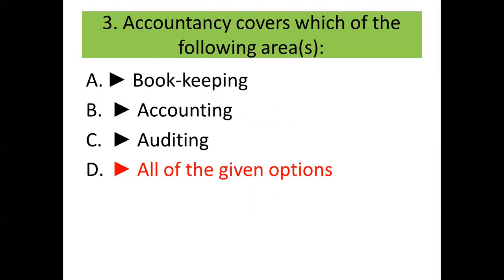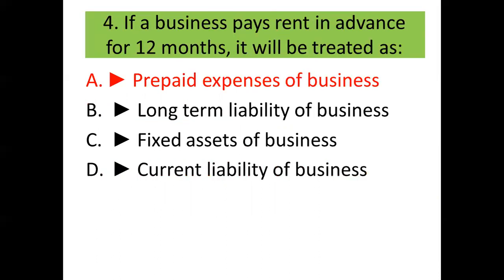Next, accountants cover which of the following areas: bookkeeping, accounting, and auditing. All of these will be covered by accountants. Next, if a business pays rent in advance for 12 months, it will be treated as prepaid expenses, because it is an expense that you pay before you consume it.